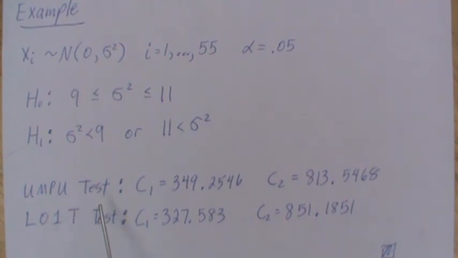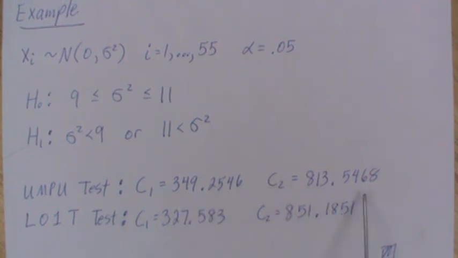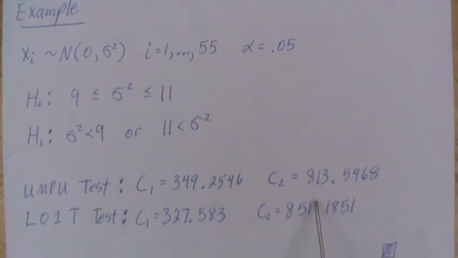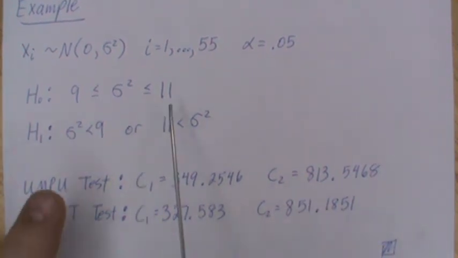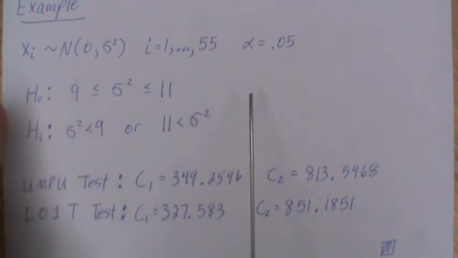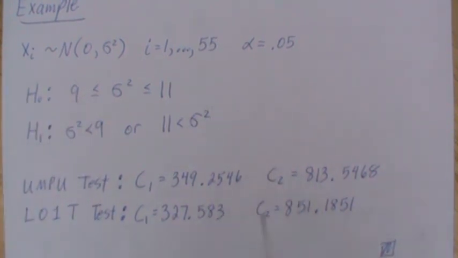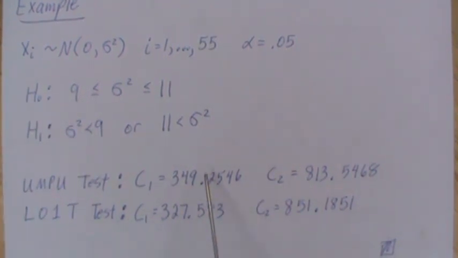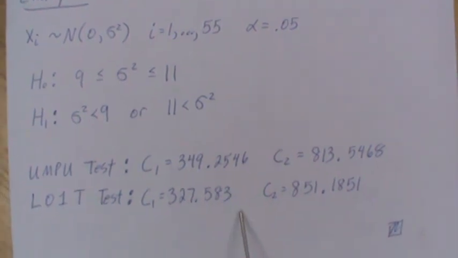The uniformly most powerful test cutoff values are C1 equal to 349 and C2 equal to 813. Now doing the leave out one tail test, C1 is this value and C2 is this value. So they're sort of close, and the further these two values go apart, the closer they are in agreement. But the power curves for these two tests are very similar, very close.